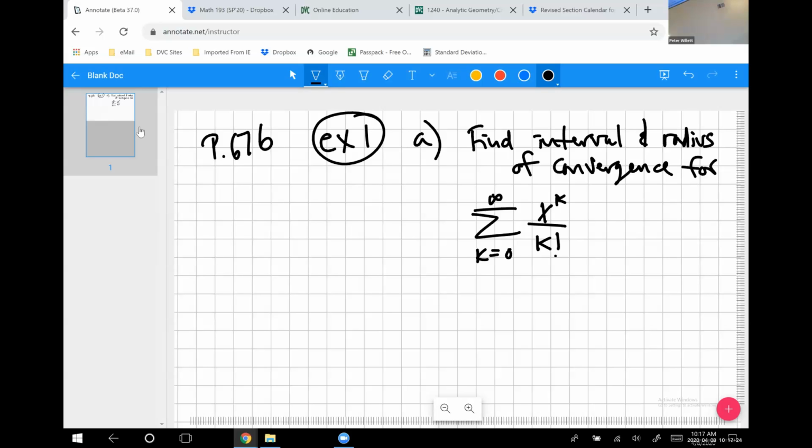In chapter 8, it was simply, does a series that doesn't have a variable converge or diverge? Now that it has a variable, it's more of where does it converge and where does it diverge for the values of x that we might plug in, which ends up being what is the domain of this series.